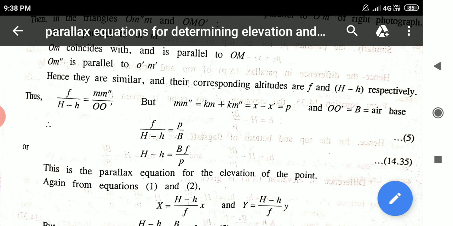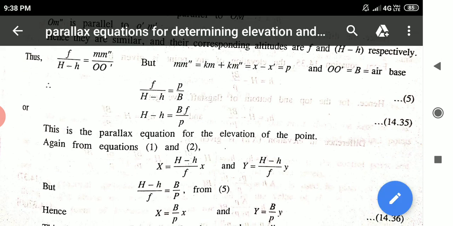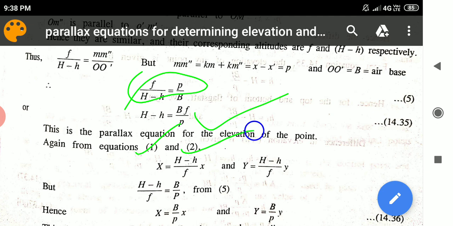After that we have to solve this equation, using equation 1 and equation 2.